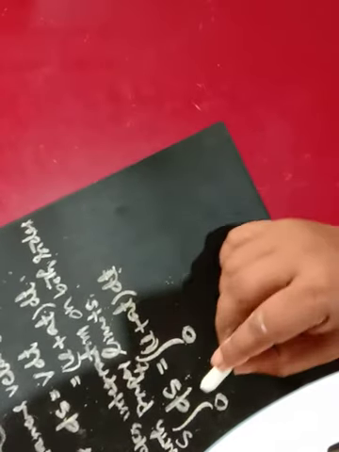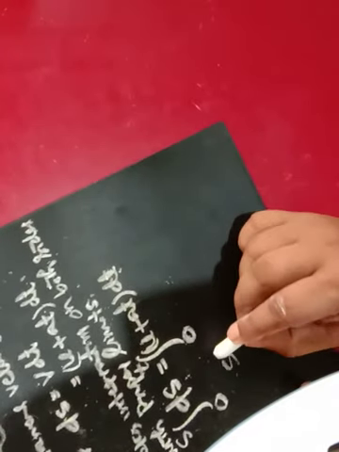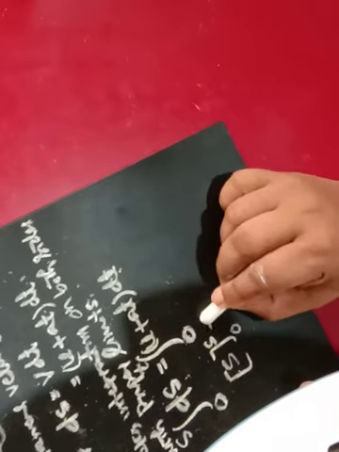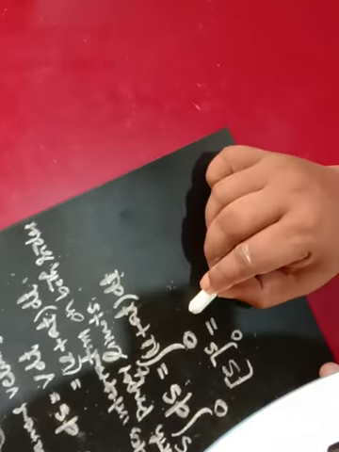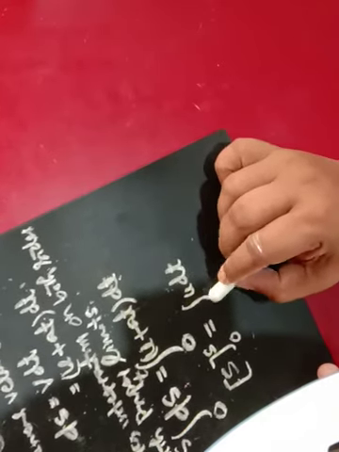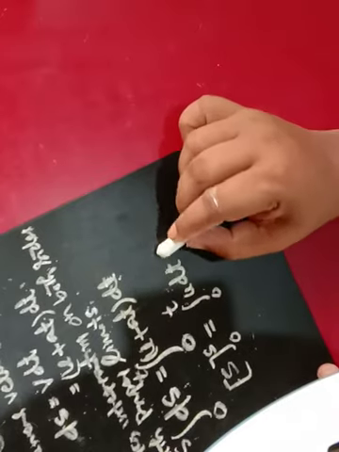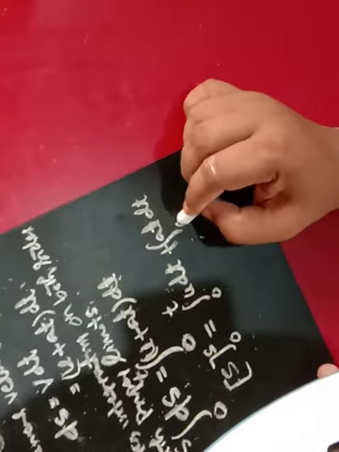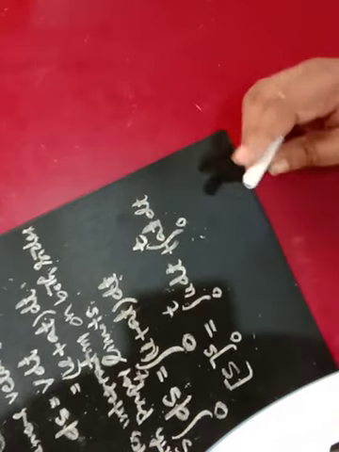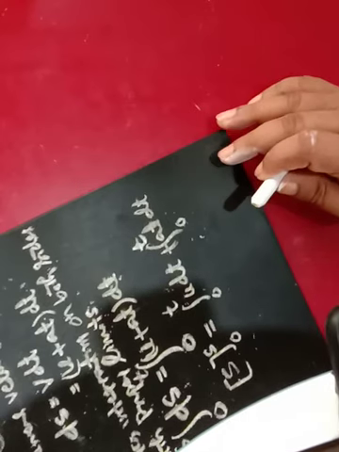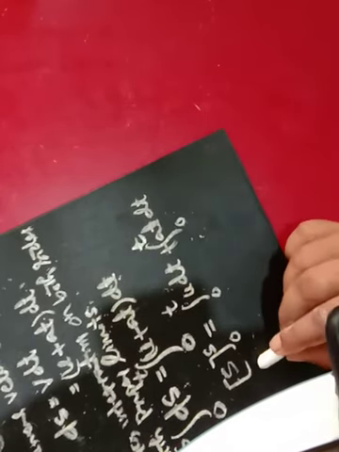So the integration of ds is s, with limit from 0 to s, equal to the integration of u dt from 0 to t plus the integration of at dt from 0 to t.